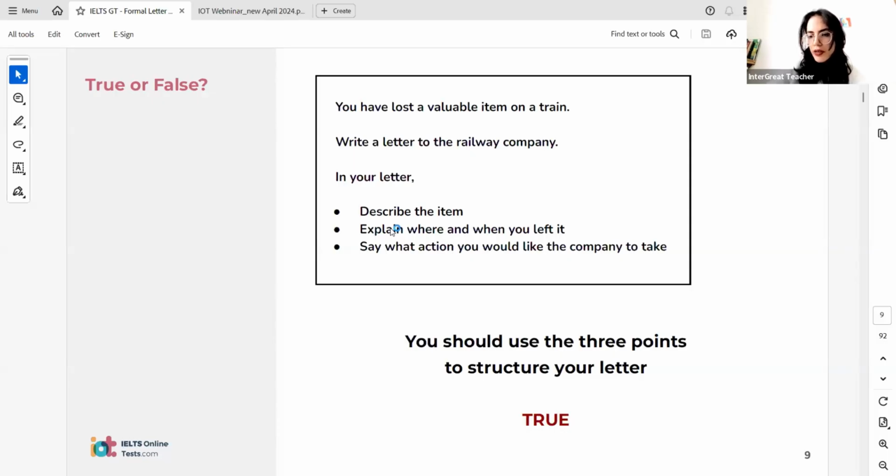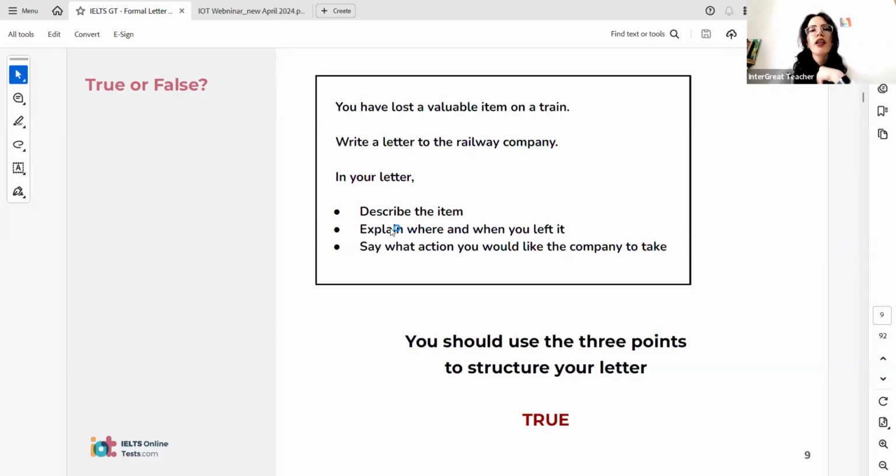Great. Next, you cannot use your imagination to invent details. Like, for example, if you want to describe the item, you cannot use your imagination. I mean, what else are you going to use, right? There is no other information given here. So, a valuable item, you need to think.